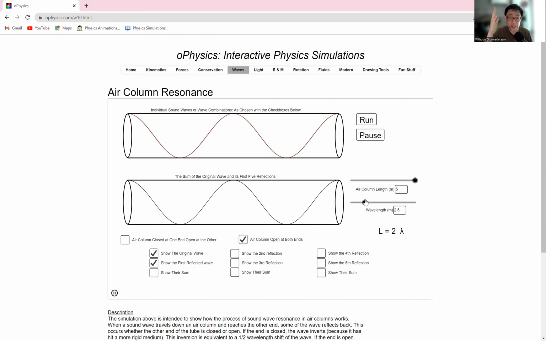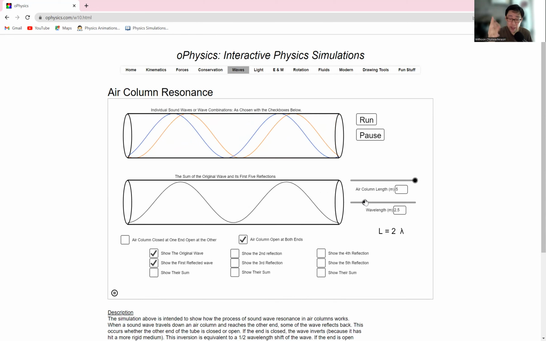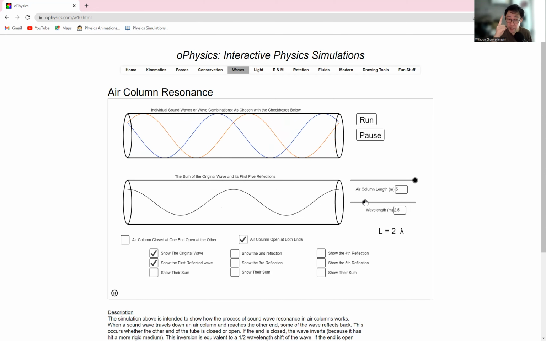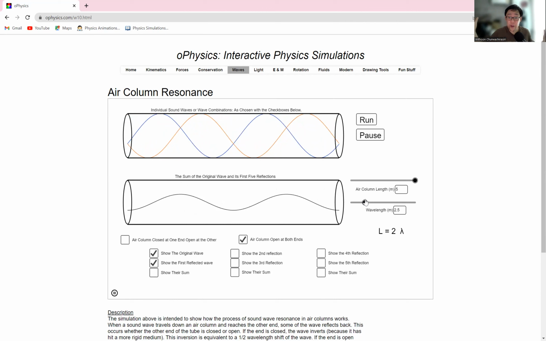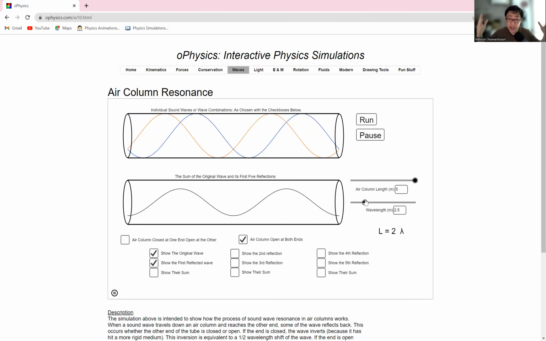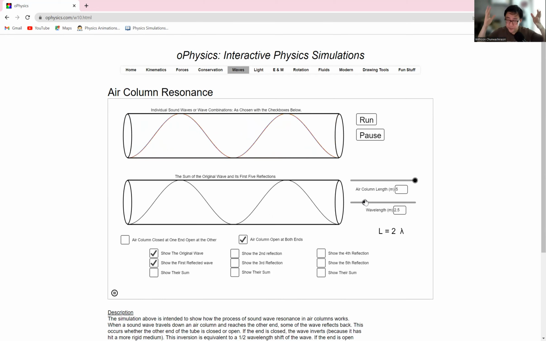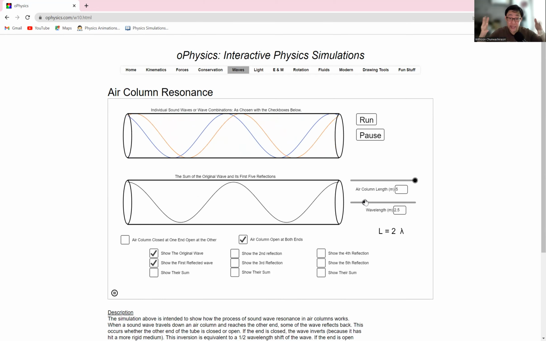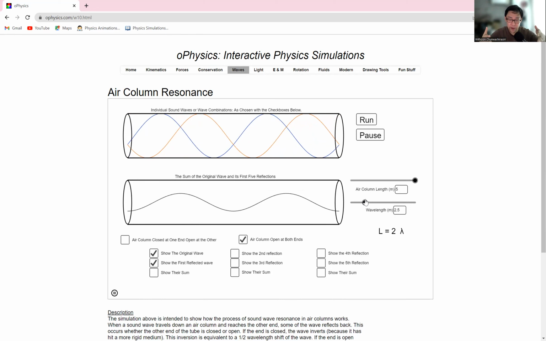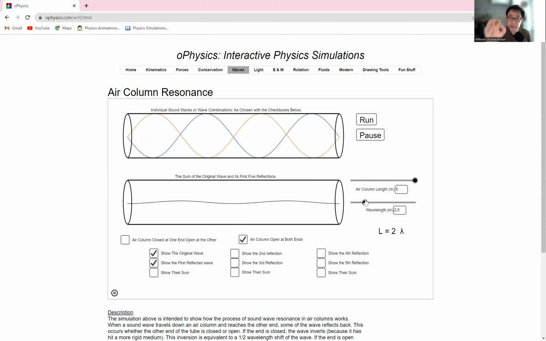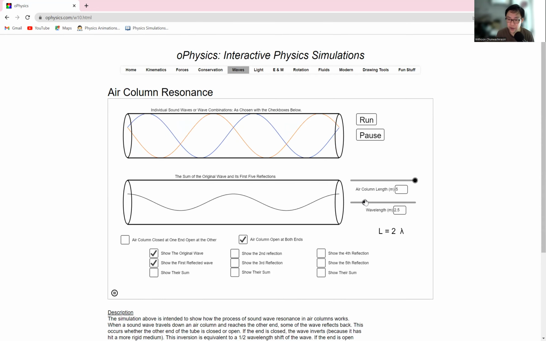That's the dominant one. The majority of the sound coming out will be dominated by one single frequency, not a lot of frequencies or a mix of frequencies. And that is the reason why you only hear one big frequency to be the main sound from blowing the tube, because it matches the resonance condition over here.